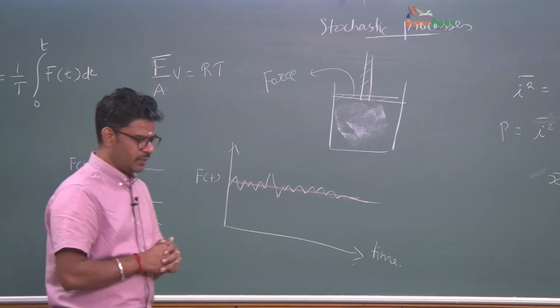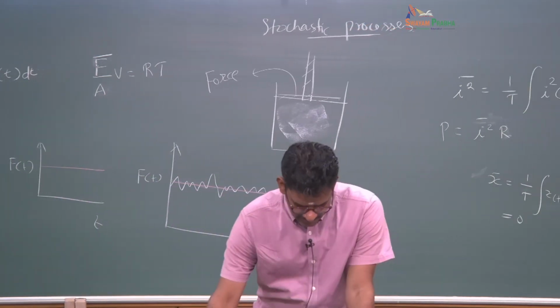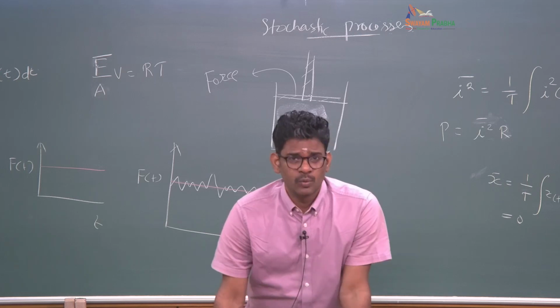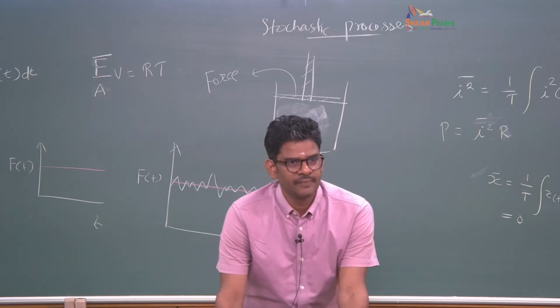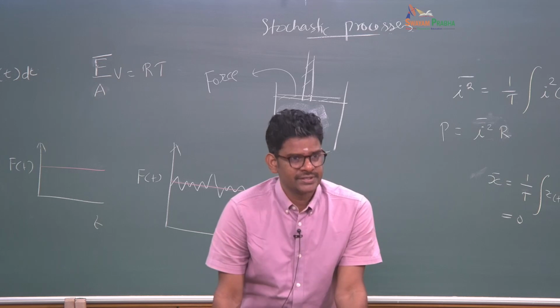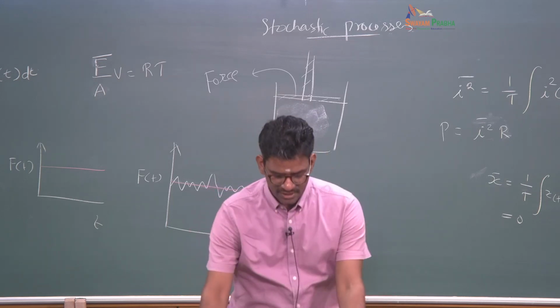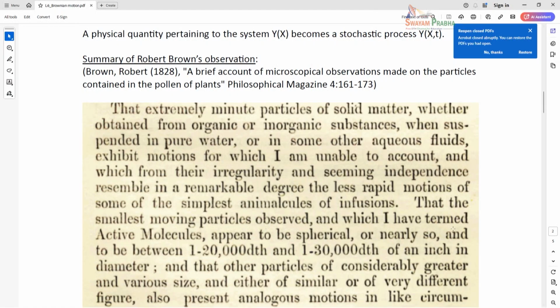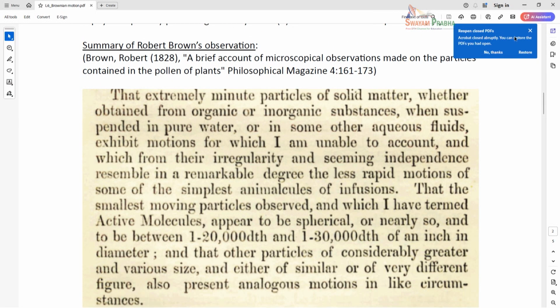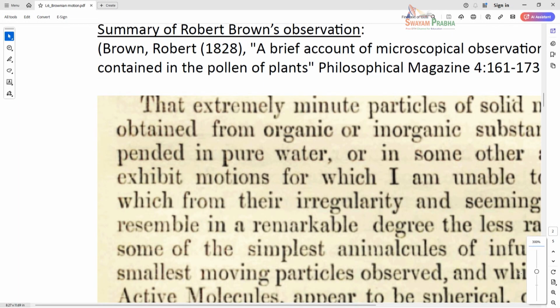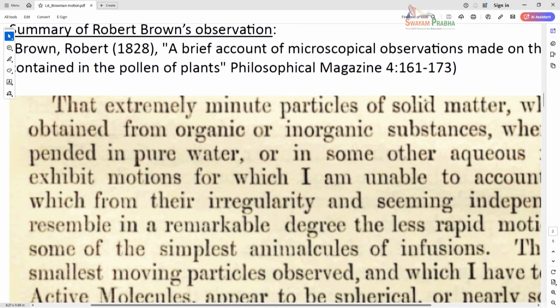So what I want to do now is show you the fundamental work done by Robert Brown in the 1800s about the observation of Brownian motion. I'm going to show a small summary. So the paper was published in 1828, and I have just taken the summary from his paper.